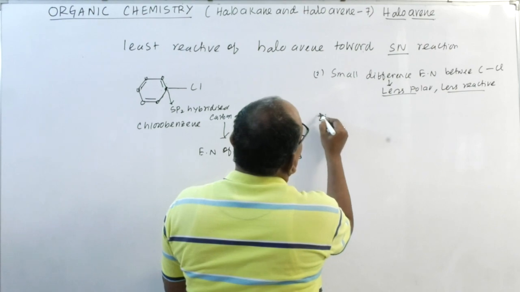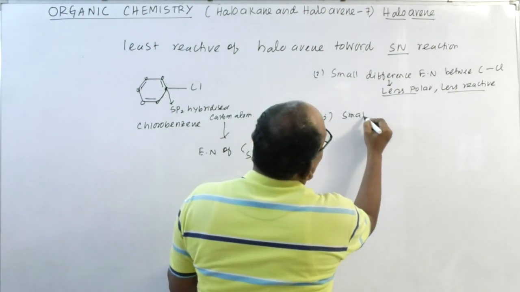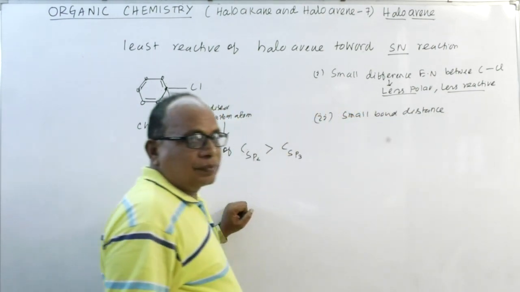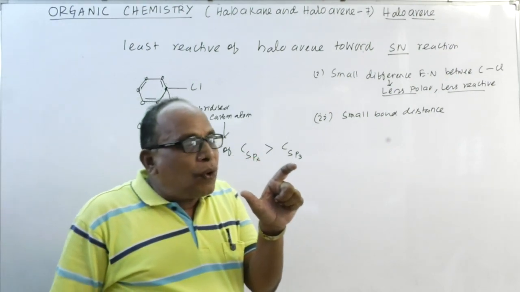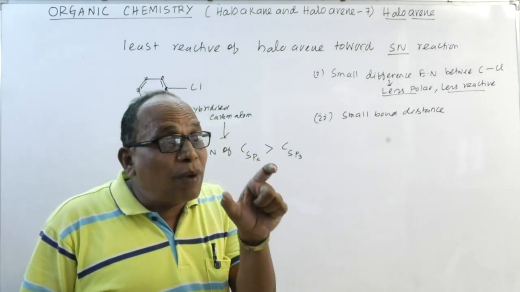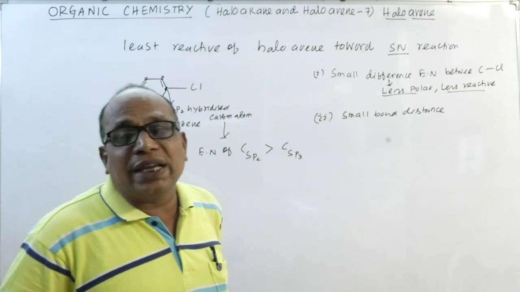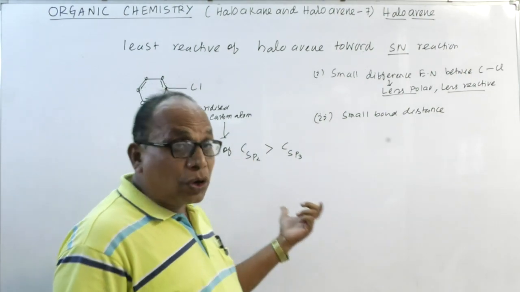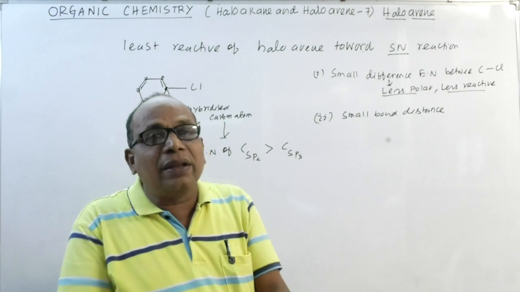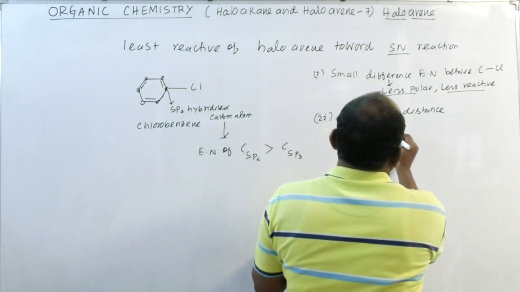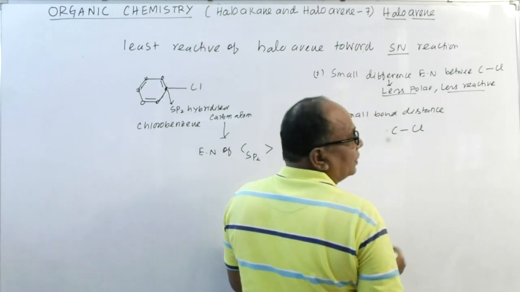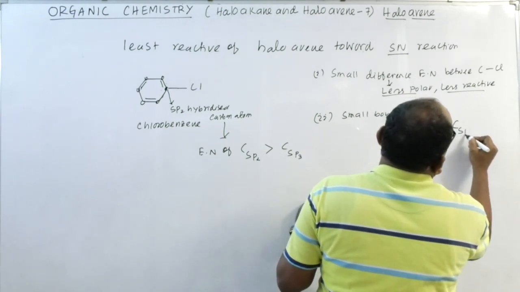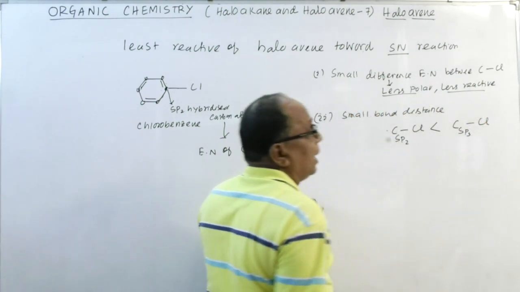Next, small bond distance. You know, an sp2 hybridized orbital is smaller than an sp3 hybridized orbital. So when the carbon atom undergoes sp2 hybridization, the carbon chlorine distance is less than the carbon chlorine distance in alkyl halide.